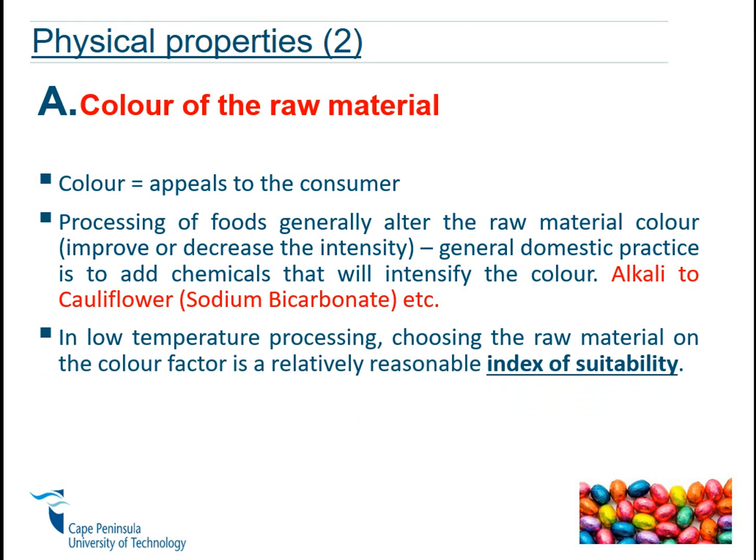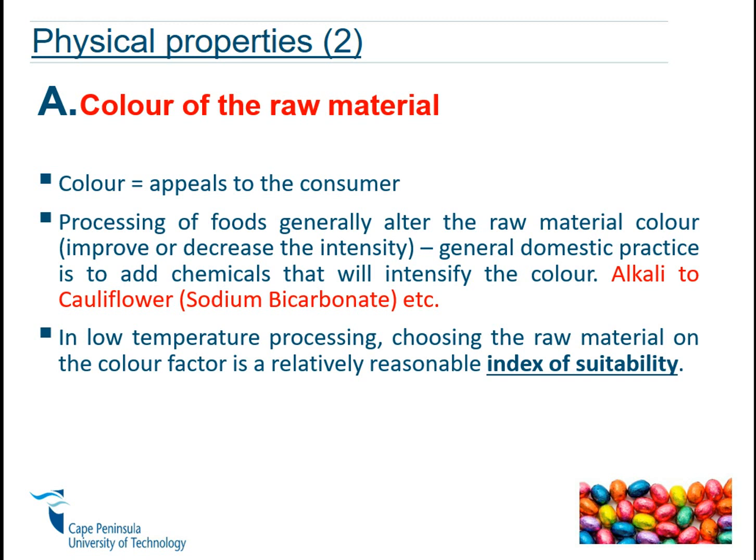So in low temperature processing, choosing the raw material on the color factor is a relatively reasonable index of suitability. By this we mean that for low temperature processes such as chilling, freezing, or freeze drying, the color changes are minimal during this processing.